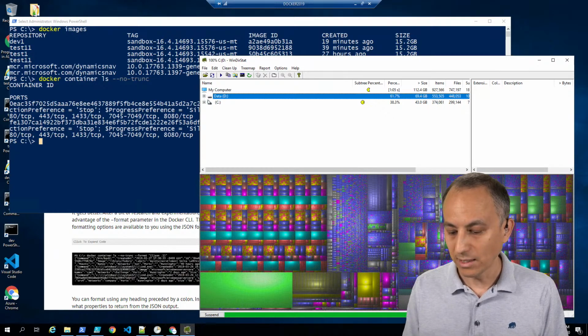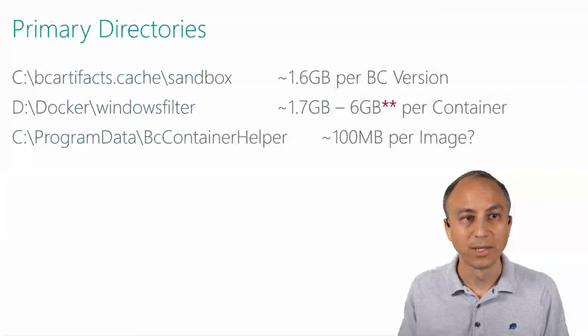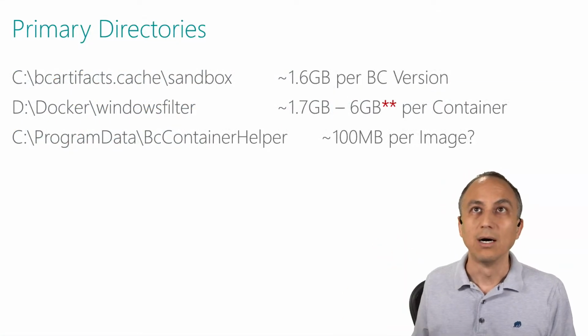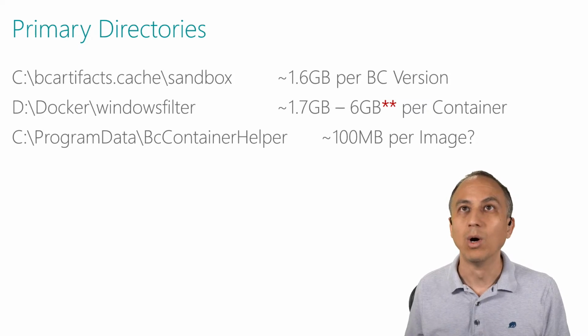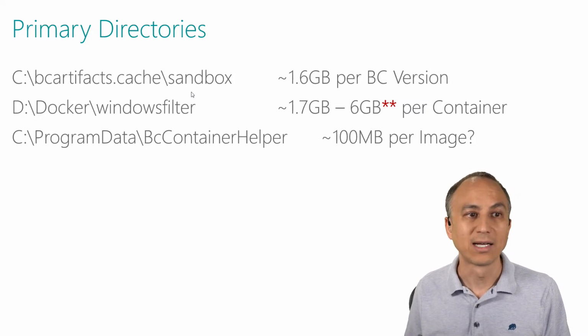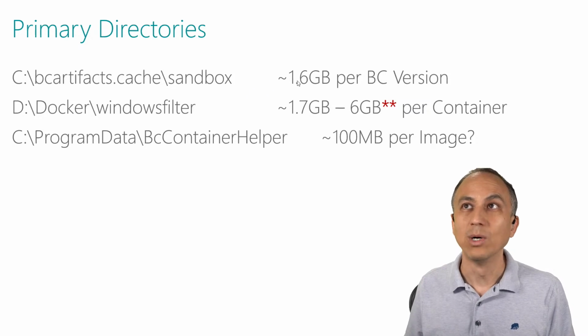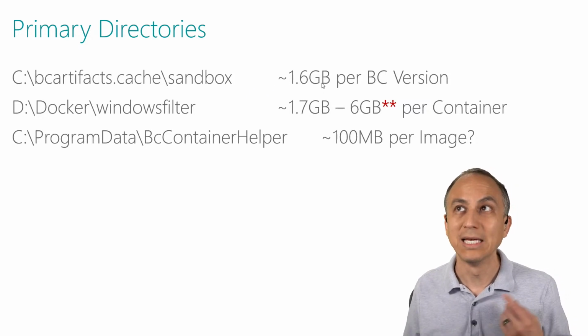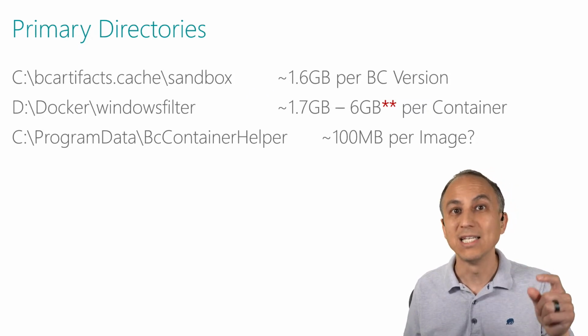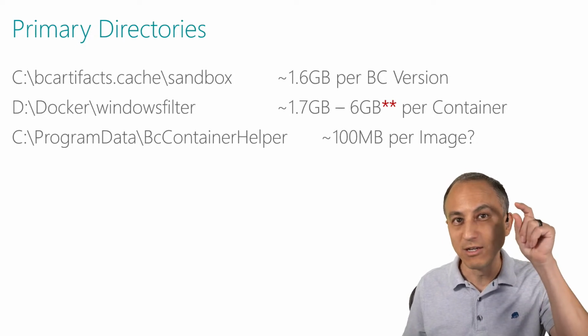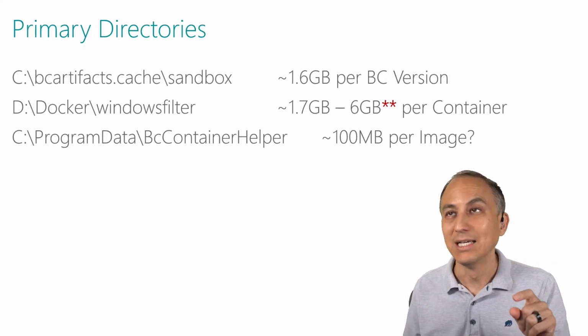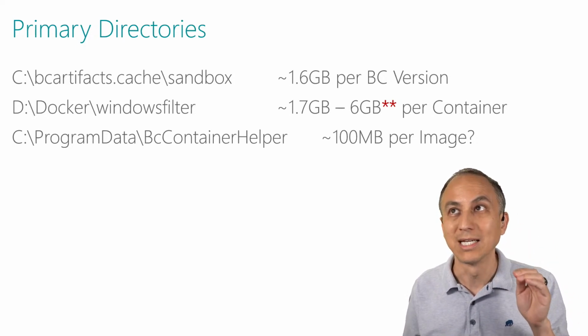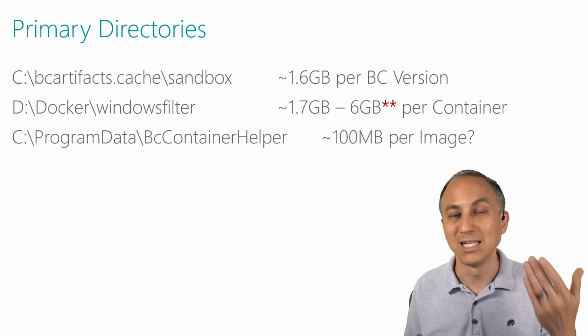So let me switch back to this. So as we saw, the first folder that I saw was BC artifacts cache sandbox, and that was roughly 1.6 gigs per BC version. So every single minor build, minor release, I had about 1.6 gigabytes that was just sitting out there.